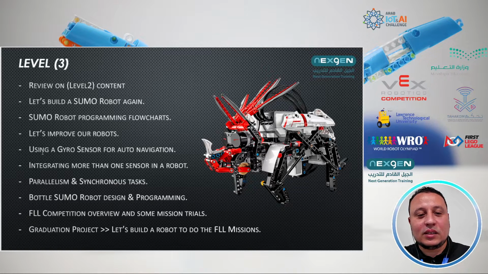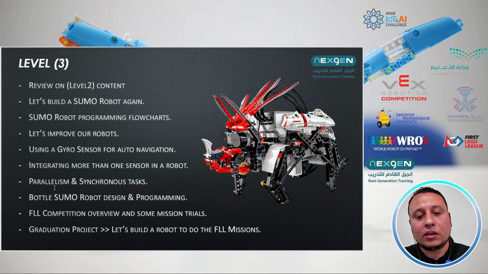So next we're gonna study a gyro sensor for auto navigation. If you're gonna make auto navigation in a correct way, we're gonna use a gyro sensor for automation of movement, or what is called auto navigation. And then integrating more than one sensor in a robot, how to add as many sensors as we can to the robot.